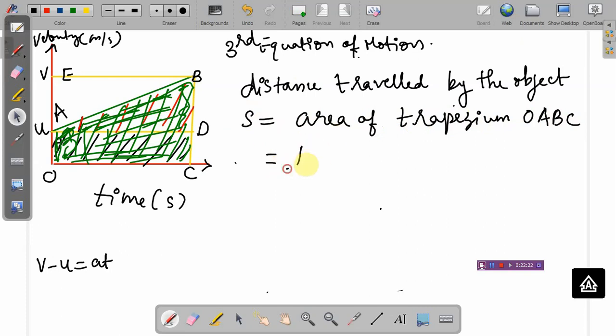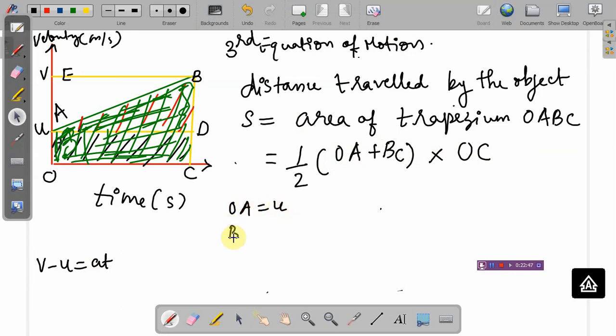So it is half multiplied by the sum of parallel sides, that is OA plus BC, multiplied by the distance OC, right? I have seen these values already, so I am just writing them down again. OA was U, BC was V and OC was T. So I will get S is equal to half, U plus V multiplied by T.